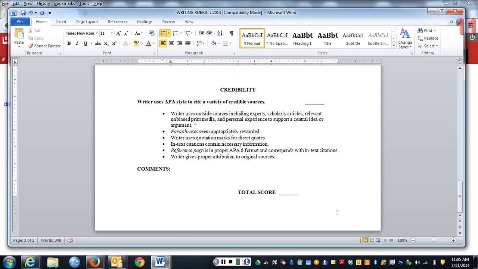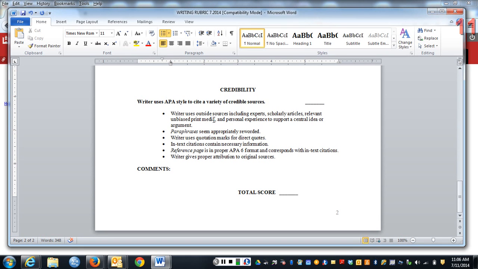So you're going to have to be able to assess, are these sources actually experts? Anybody can put a web page up. That doesn't make them an expert. Scholarly articles, were they peer-reviewed or were they not? Were they written by a trusted source, or was it a source that could be biased, like a newspaper article or a news broadcast, a show that is very biased?